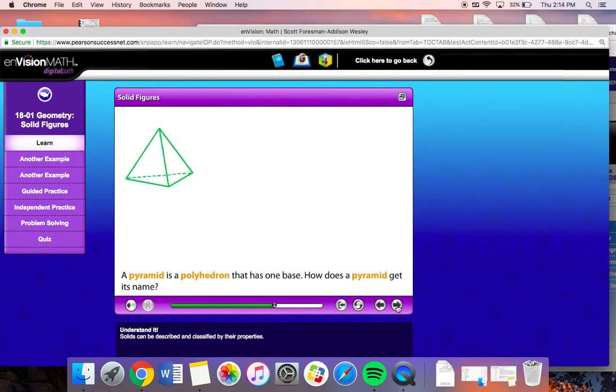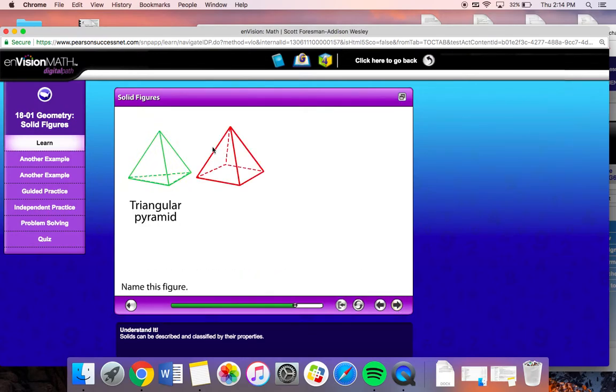But what about pyramids? So they have a base, but how do we know how to name it? Well, similar, we just look at the shape of the base. So this is a triangle. So I'm going to call it a triangular pyramid. This is a square base, and I see that it meets in a point, so it's a pyramid.